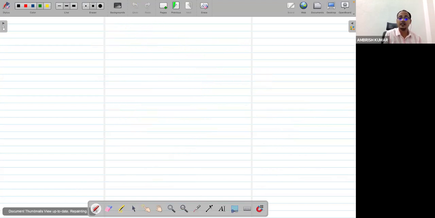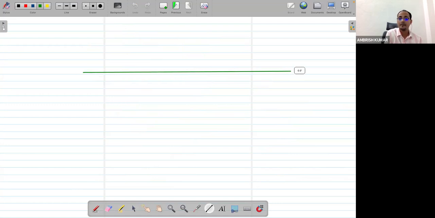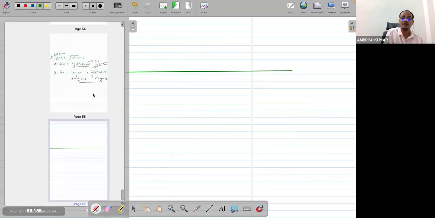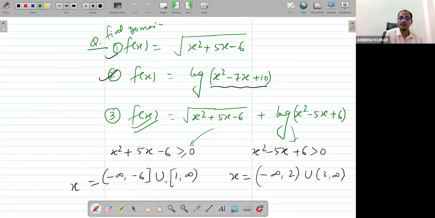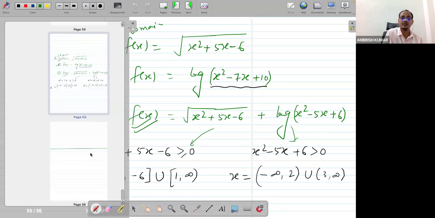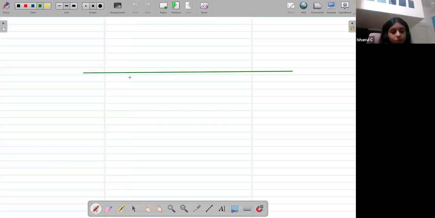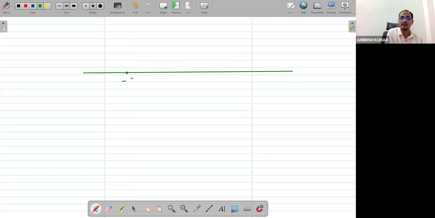So look, you can just draw the number line. You can mark the points. What are the points? It's -6, 1, 2, 3. So -6 means, let us say here it's -6. Then we have 1. Then we have 2. Then we have 3, right?